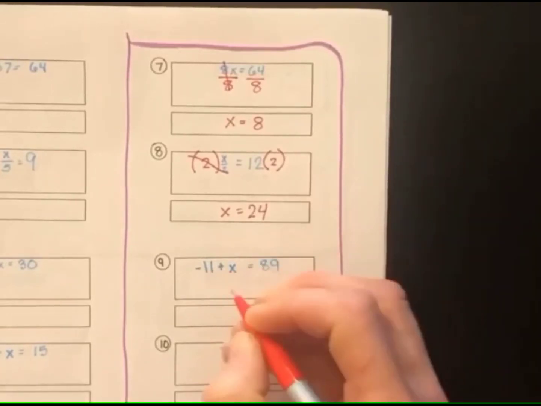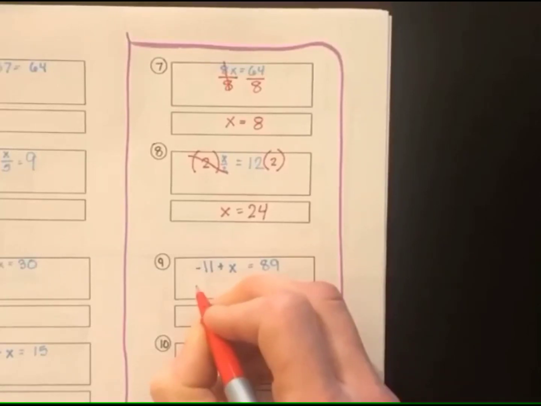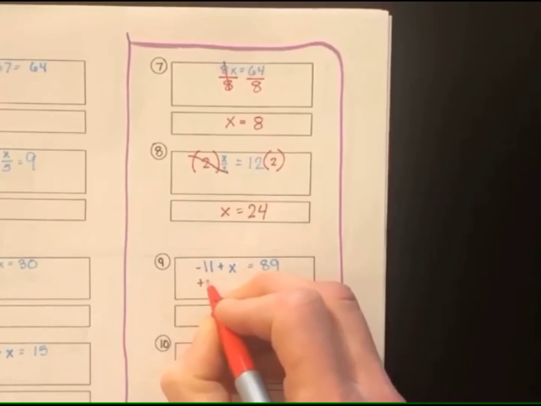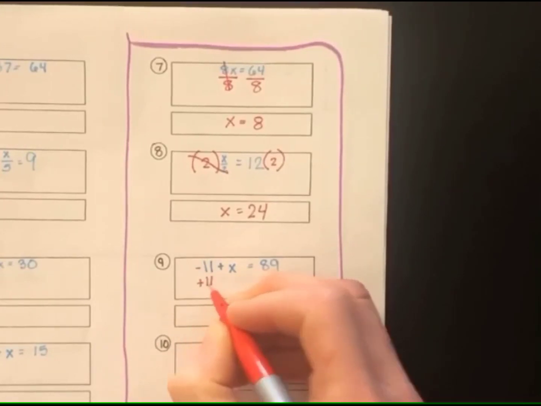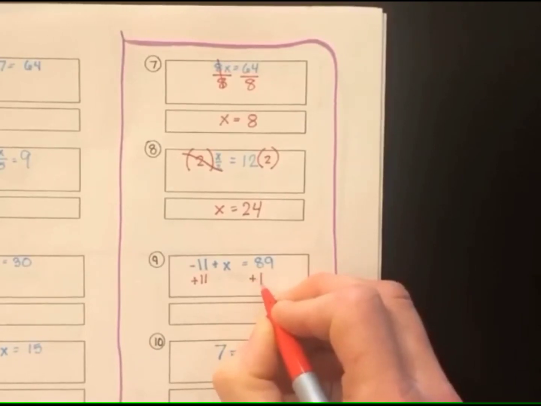Moving down to number 9, we have negative 11 plus x equals 89. To get x by itself, we'll do the opposite of negative 11. That's positive 11, plus 11 on both sides.